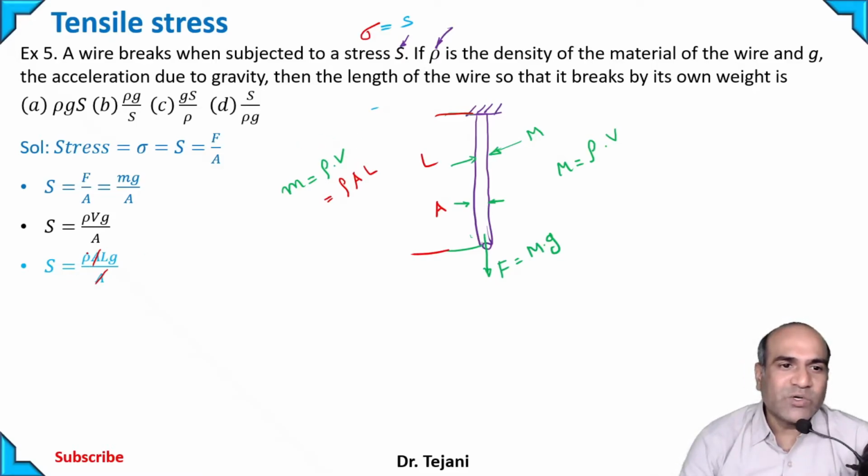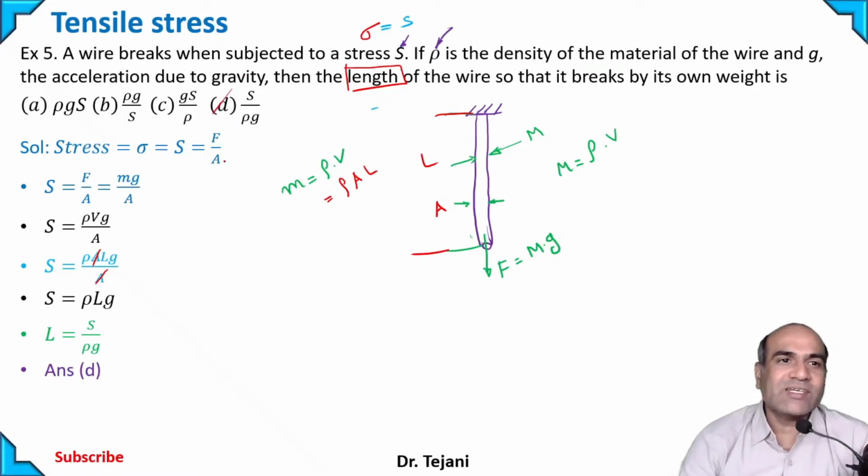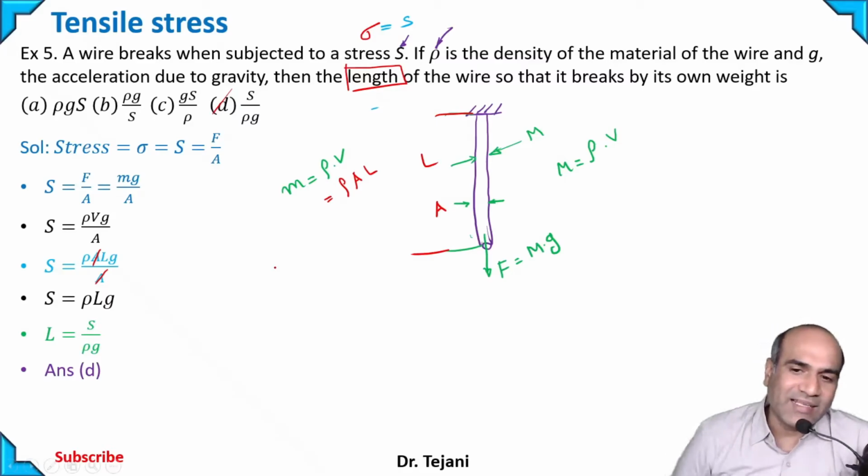So we have S is equal to rho L g, and we need the length of the wire, so L is equal to S by rho g. Which answer is correct? D. So answer number D is the correct answer.